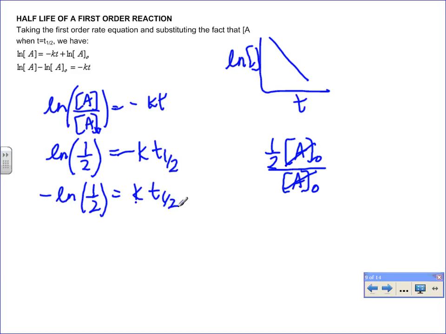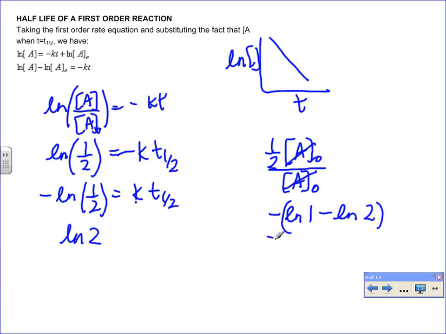Now negative ln of half is actually equal to ln of 2. And the way that works, you can check your calculator if you would like to. So if you enter into your calculator negative ln of half and ln of 2, you'll get the same number. And the reason for that is using log rules, so I'll show you over here. If you've got negative ln of 1/2, that's the same as negative ln of 1 minus ln of 2, right? Because we've got a division there.